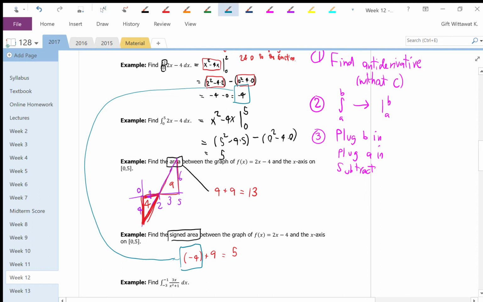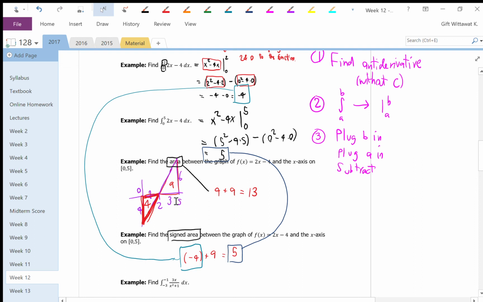Now, when I compute the integral from 0 to 5, I get 5. And that's the same as the signed area that I see in the other one. So the integrals that I computed, negative 4 and 5, correspond to the signed area from 0 to 2 and the whole thing from 0 to 5.